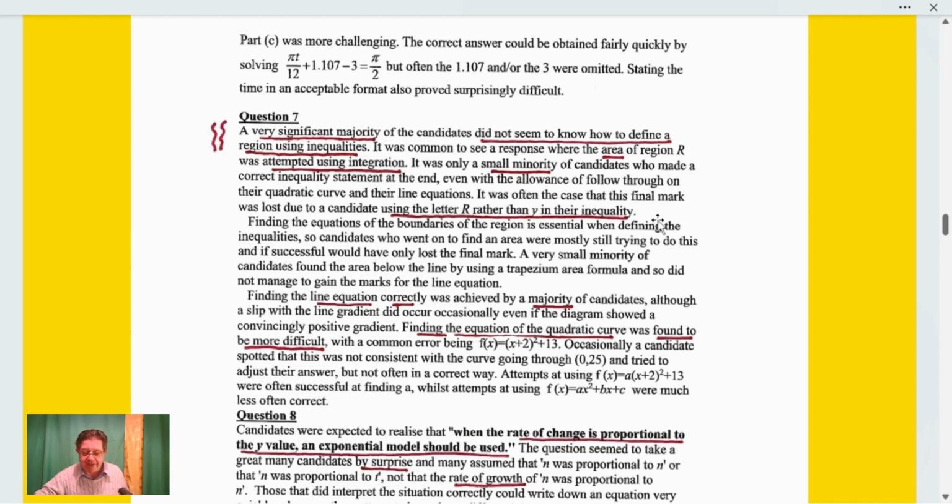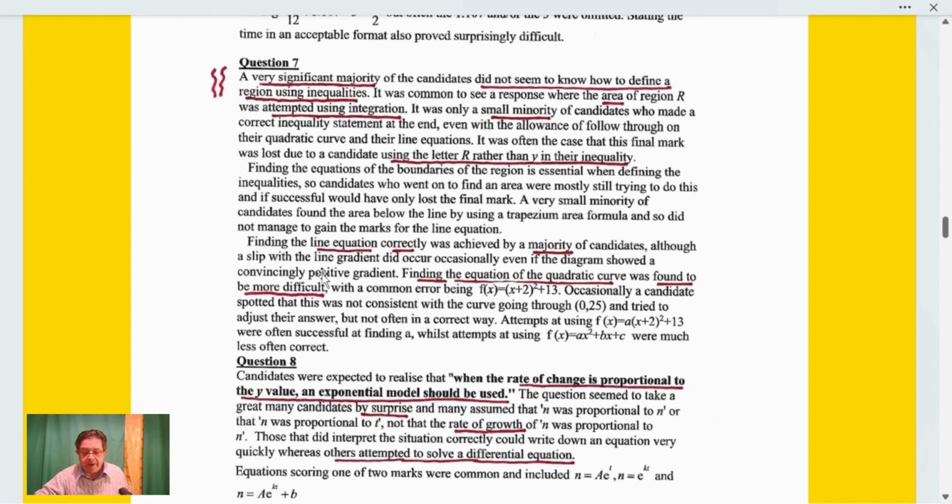So those of you following the Sweet Spot Maths program, you will know we try to make these areas of weakness in other candidates our strength to give us the examination edge. So moving down the mark scheme, the examiner's report says the line equation correctly was achieved by most candidates.